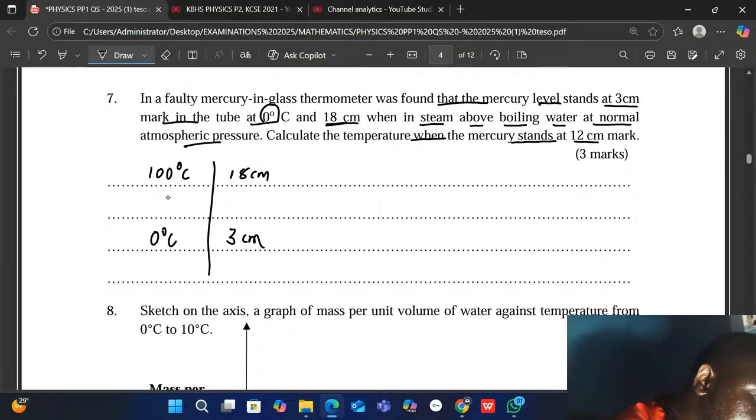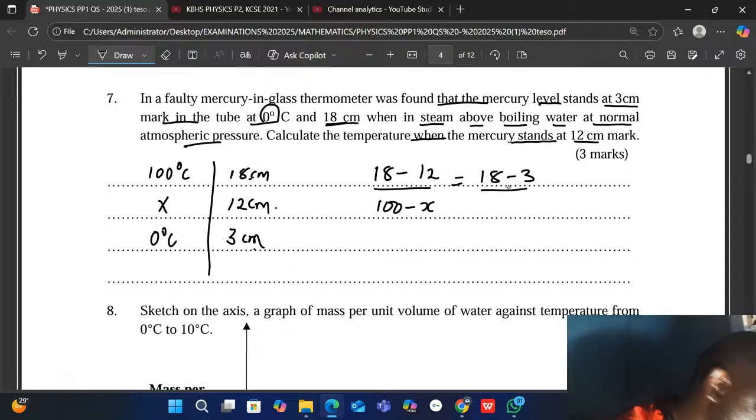Then in between, we want to know the number of degrees at x when we have it having a column of 12 centimeters. So in this case, you just equate and say that's 18 minus 12 over 100 minus x, this one, is equals to 18 minus 3 over 100 minus 0.